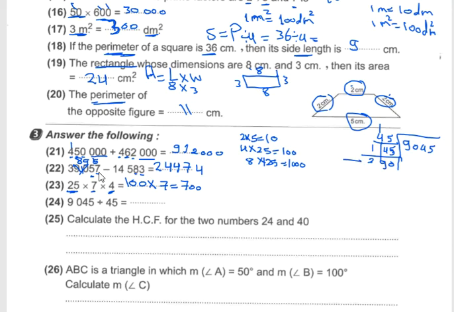So we'll choose 2, write 2 in the quotient here, and here we'll write 90.